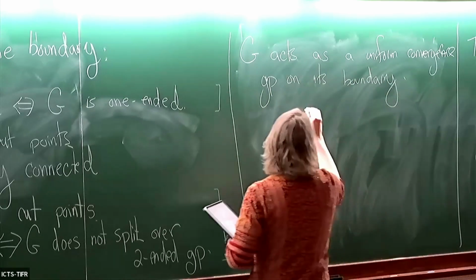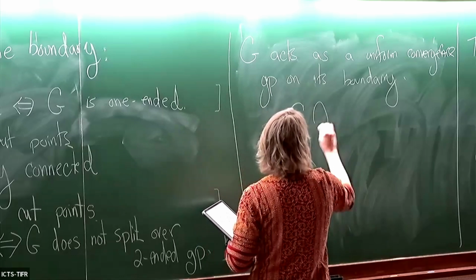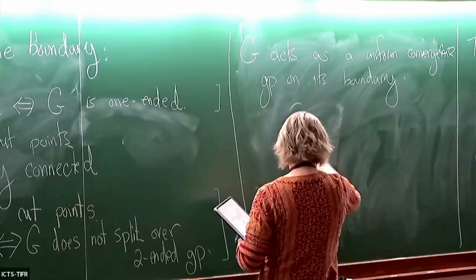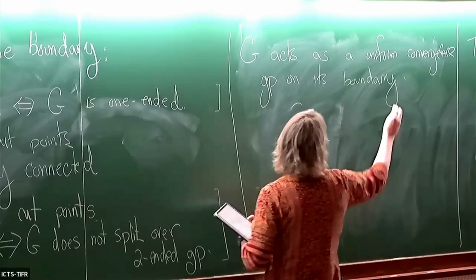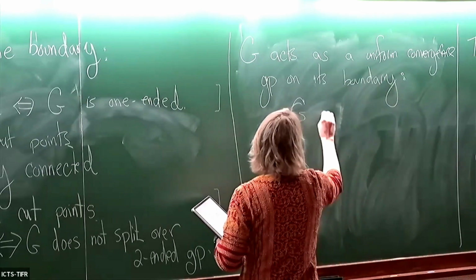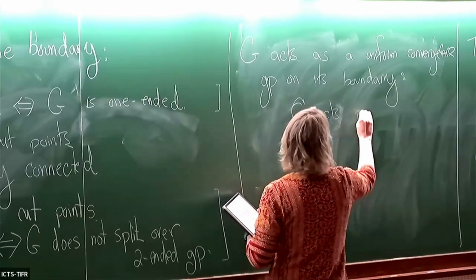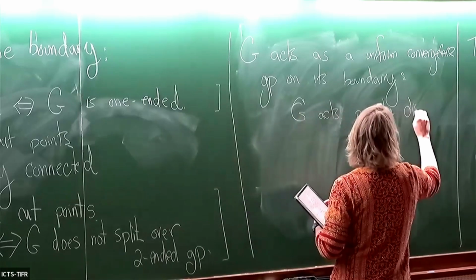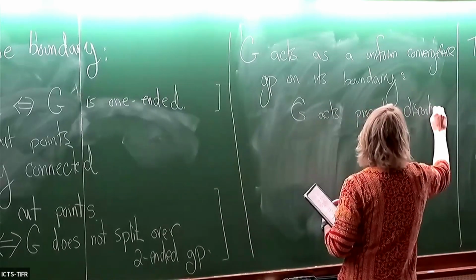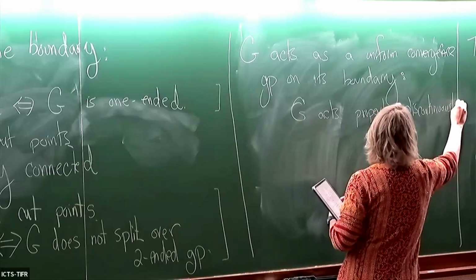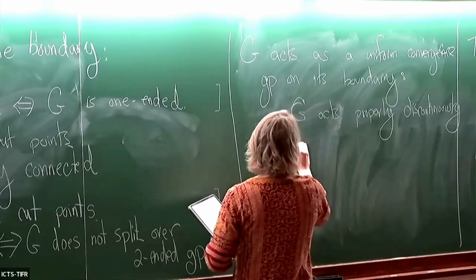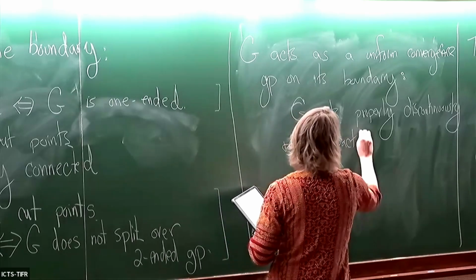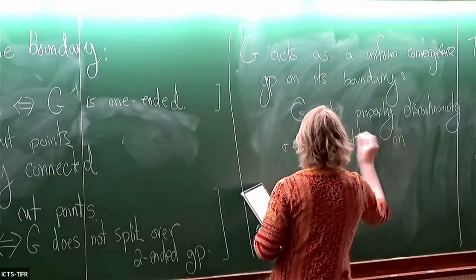That is, G acts, well, I won't put a metric on it yet. It means G acts properly discontinuously and co-compactly on the space of distinct triples.